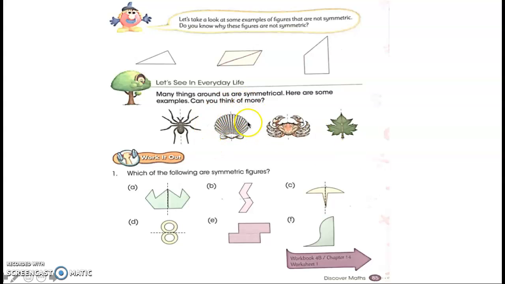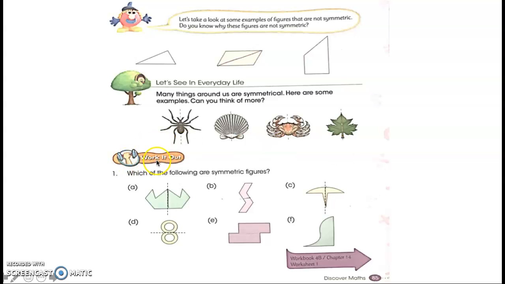Now this one also can be folded. If I fold from this line, this also will be exactly like that, and this one also. You know your face. Can you stand in front of a mirror and see where the line of symmetry is in your face? It will be above your nose, half of your mouth, half of your chin, right?